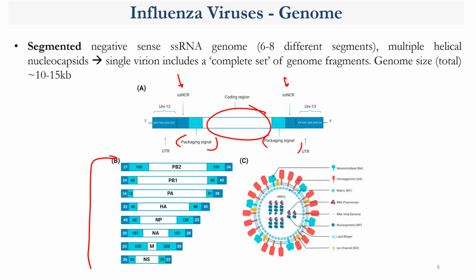And each of these segments will have this kind of architecture. You have your uni regions, you have your non-coding regions, and you have a protein coding region. So in this case, each segment is encoding a different protein. So PB1, 2, PA, HA, NA, and so on. Okay? Everyone clear? Yes or no?